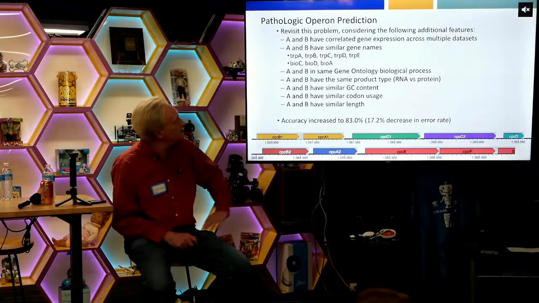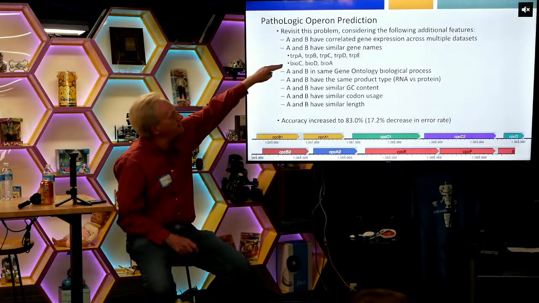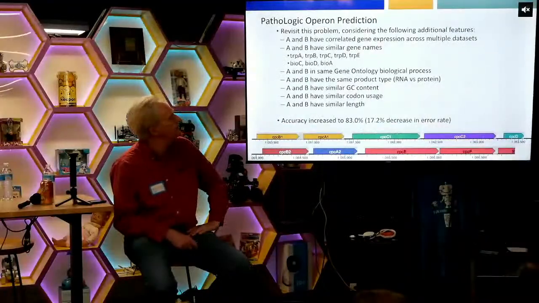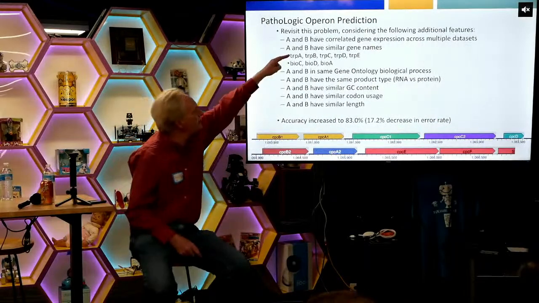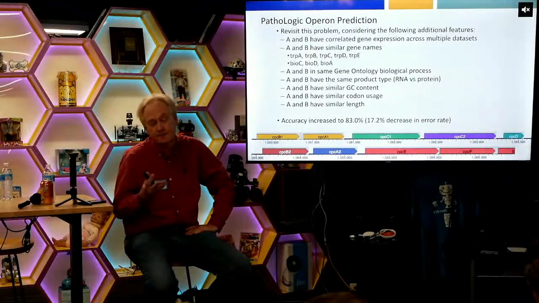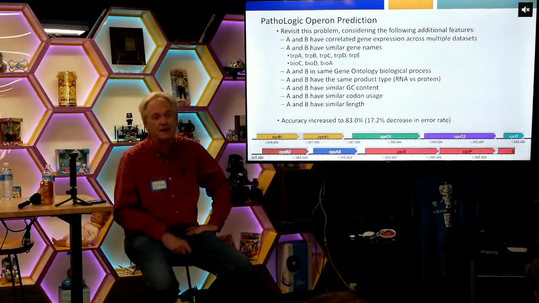It turns out the gene expression and the similar gene names were the most informative features, but they just didn't add that much beyond the features we already had, which is a little surprising because, for example, I would think both of them would be orthogonal to looking at pathways that we were doing before. But for whatever reason, we didn't get that big of an increase in accuracy.